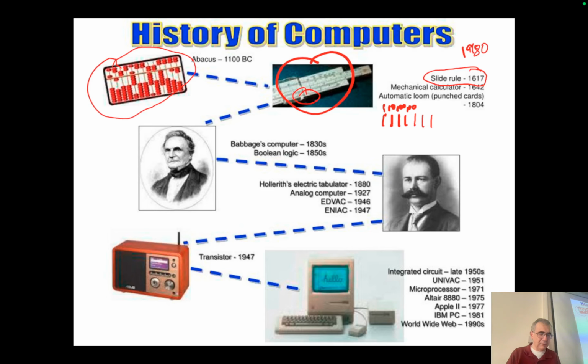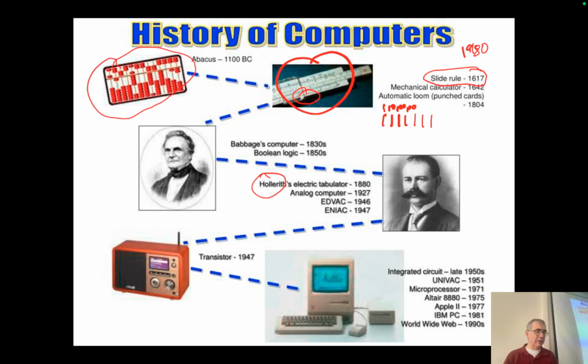The first computation machine was built by Hollerith. I will show that later. He is the founder of IBM. So it was the Hollerith company at the beginning. Then it was renamed International Business Machines.